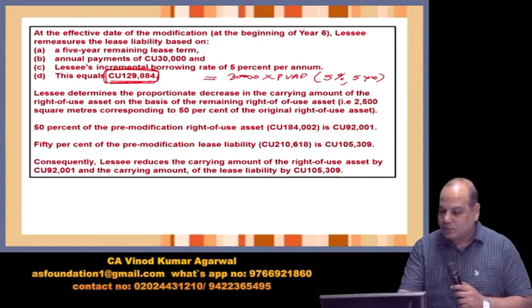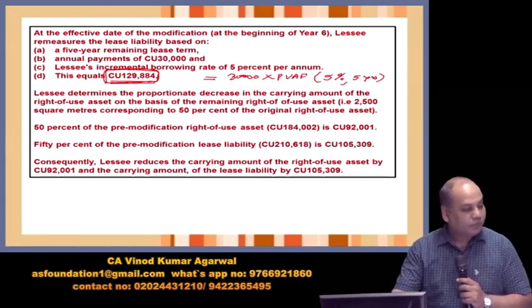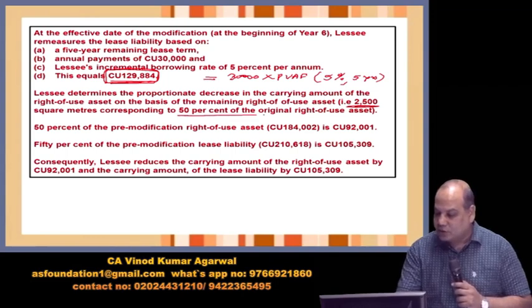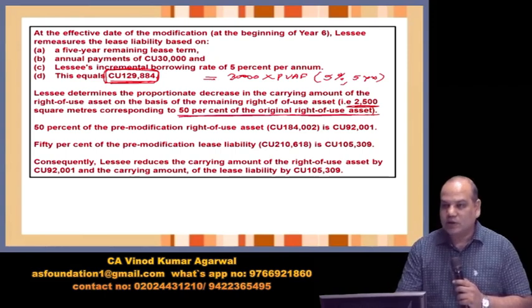Lessee determines the proportionate decrease in the carrying amount of the right of use asset on the basis of the remaining right of use asset. Now earlier it was 5,000, now it is 2,500. So that means only 50% of the original right of use asset remains.